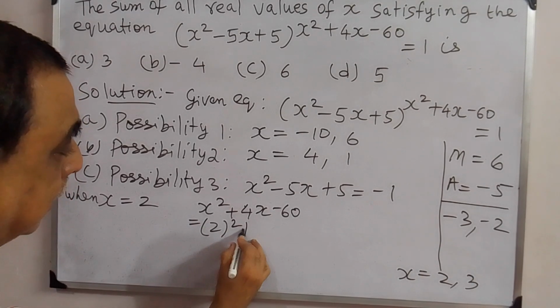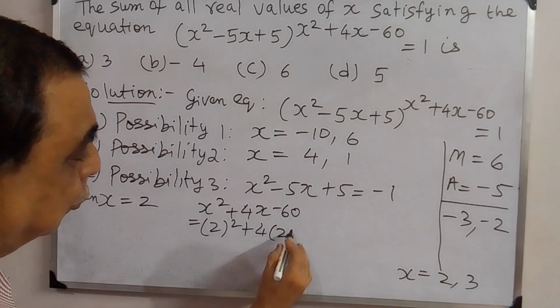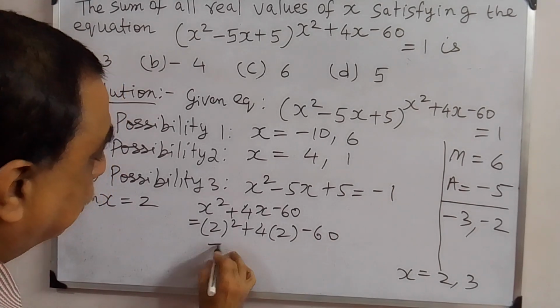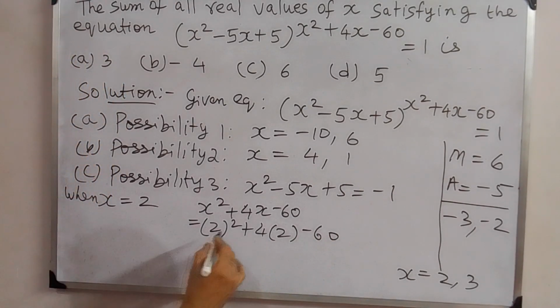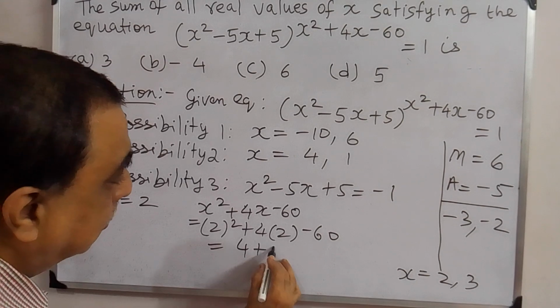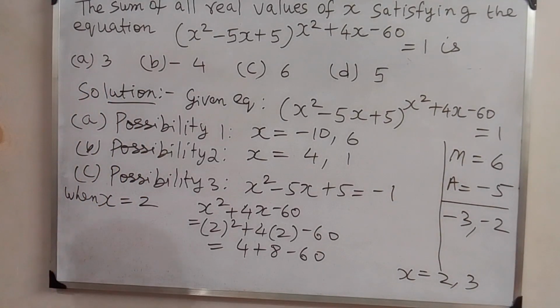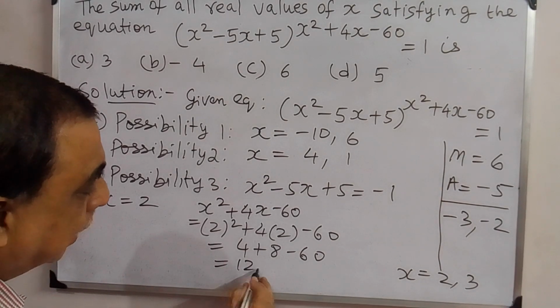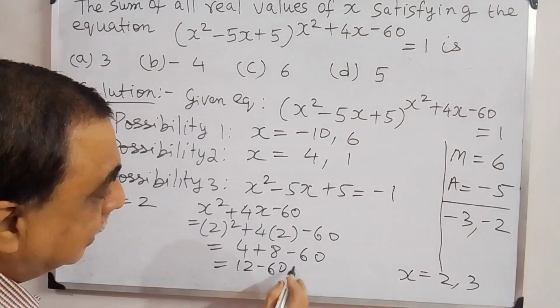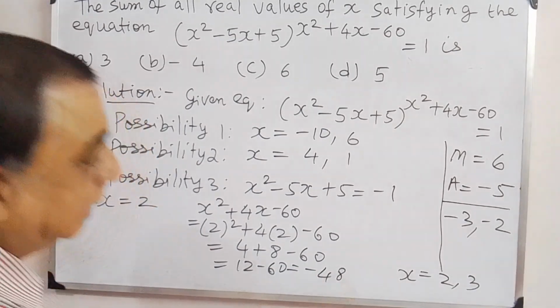So 2 squared plus 4 into 2 minus 60. All are even numbers. So this becomes 4, this becomes 8, minus 60. So we will get an even number. 12 minus 60 is equal to minus 48.